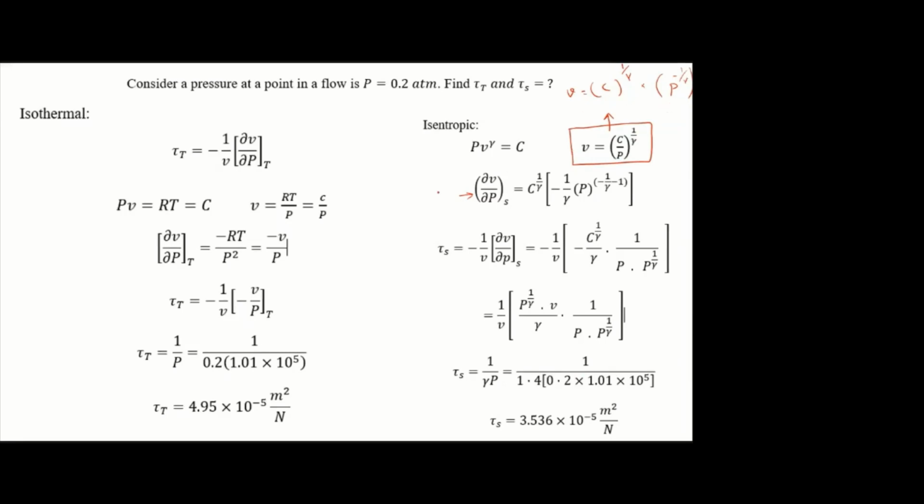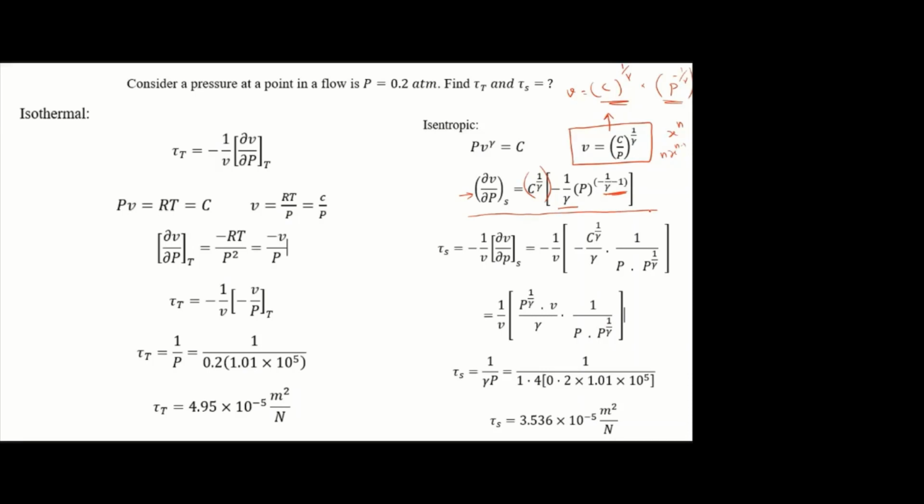Now we can differentiate with respect to P. This is constant, straight away I am taking this outside, and this is like x power n, then the answer will be n into x power n minus 1. Okay, so first n is minus 1 by gamma, then this is n minus 1. Is that clear? How to get dV by dP?